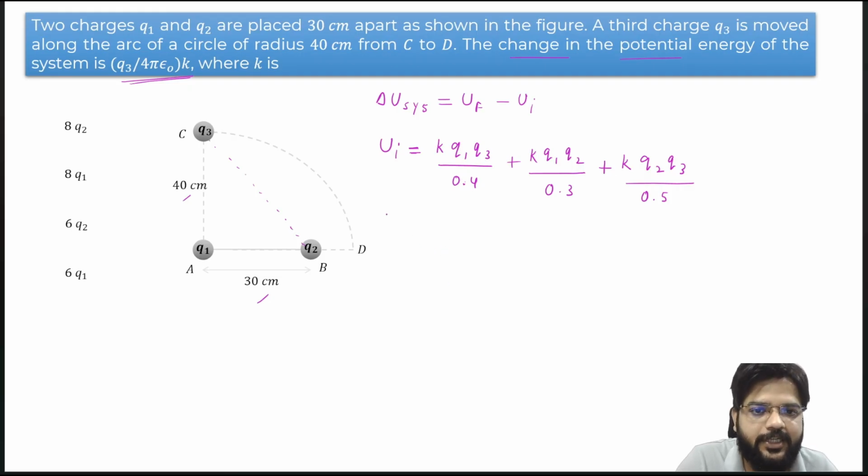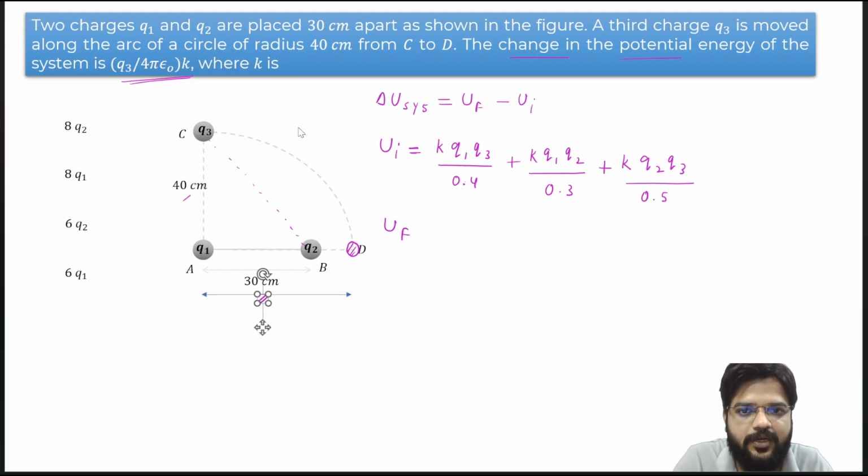Now we will write the final potential energy. This Q3 charge is moving in a circular arc, everyone, and the radius of the arc is 40 centimeter. So it is moving from C to D. This distance should also be 40 centimeter, because this is a circular arc. So this distance is again 40 centimeter.